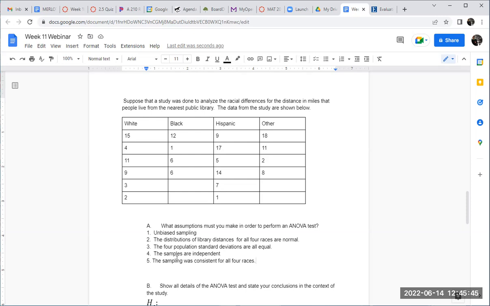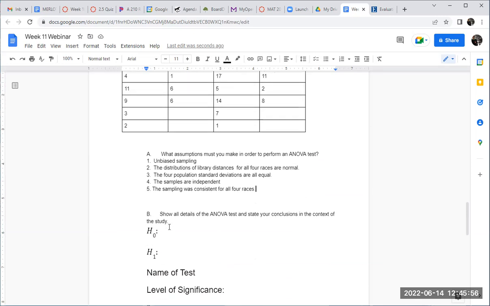Any questions on this particular example's assumptions? Okay, so then the next, and this is kind of the biggie, is show the details of the ANOVA test and state your conclusions in the context of the study.